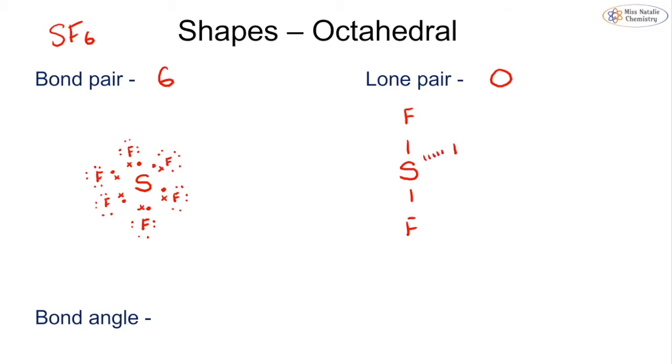So we have 2 going back into the screen, and we have 2 coming out of the screen, like that. And every single one of these now, from the top to the center and between the centers, they are all at a 90-degree bond angle.